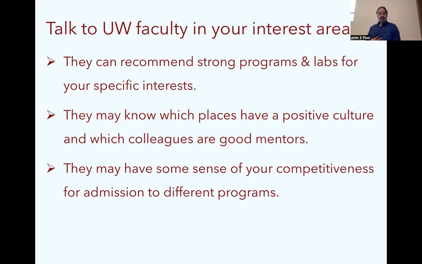And if they have some sense of you as an applicant in terms of your research experience and your academic background, then they might have at least a rough sense of which programs you might be competitive for now, or might become competitive for in the future.